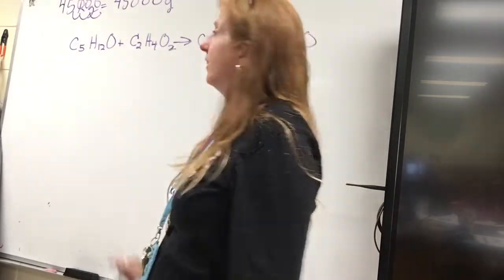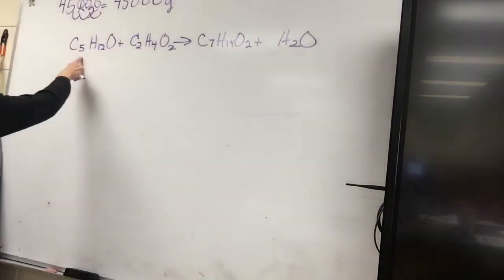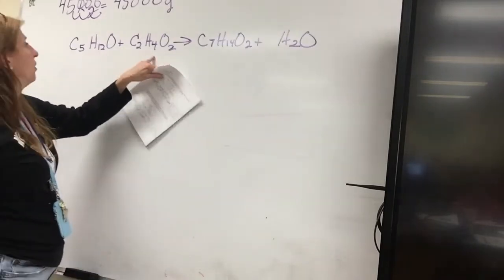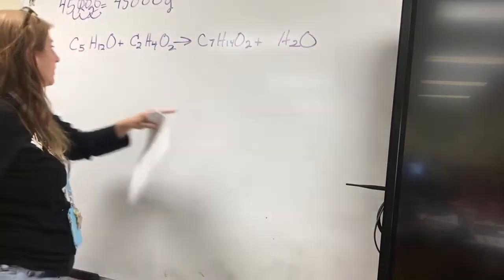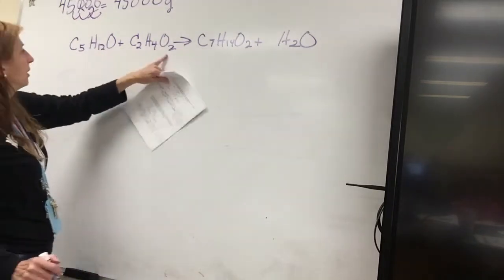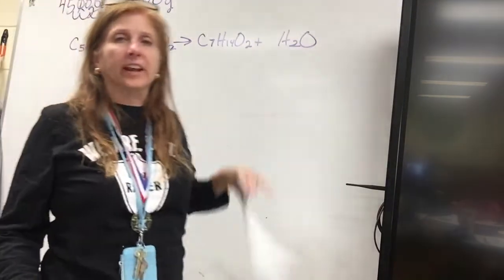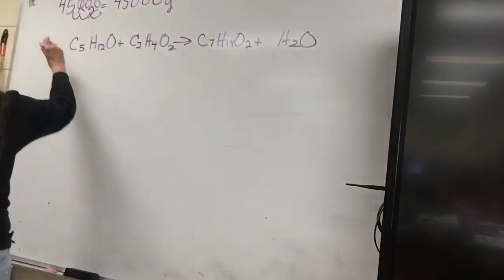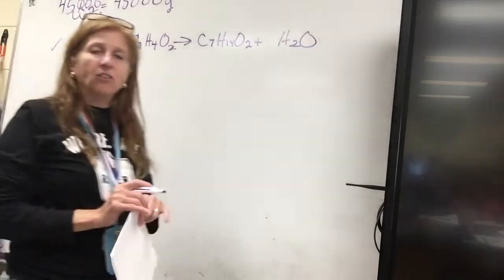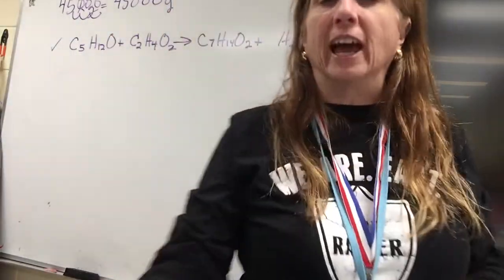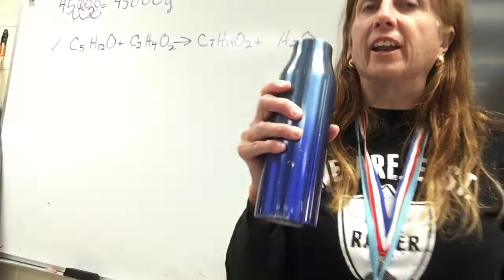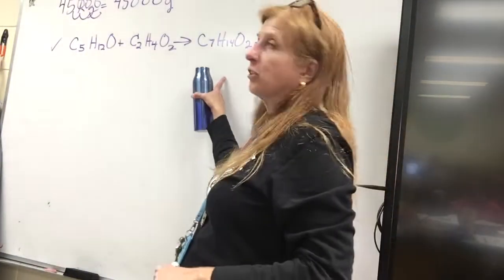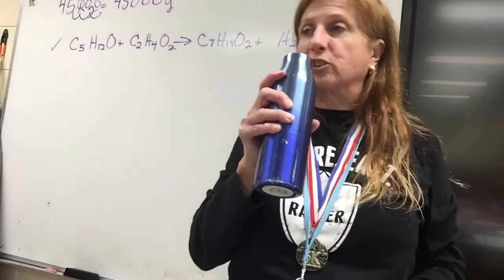So next we balance it. 5 carbons plus 2 carbons is 7. 12 plus 4 is 16. 14 plus 2 is 16. 1 plus 2 is 3. 2 plus 1 is 3. This one's already balanced. Once you balance it, I want you to put a little check mark next to it. That will let me know as I grade the problem that you remembered to check to make sure it's balanced.